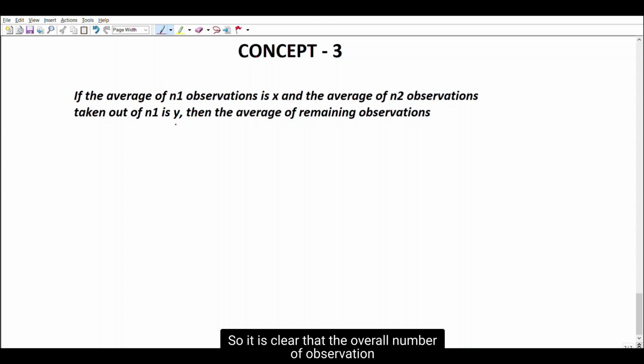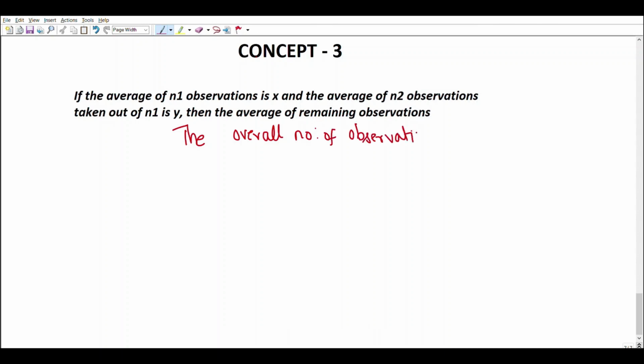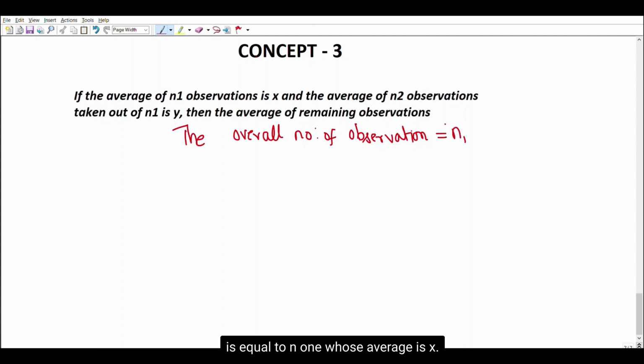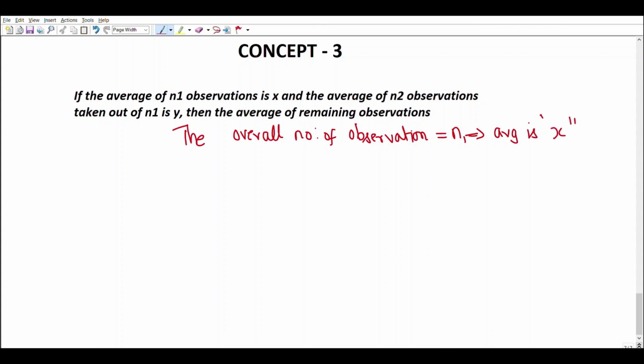So, it is clear that the overall number of observations is equal to n1, whose average is x.